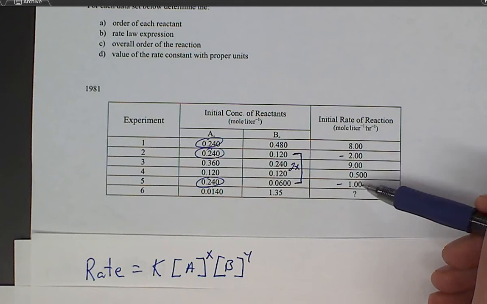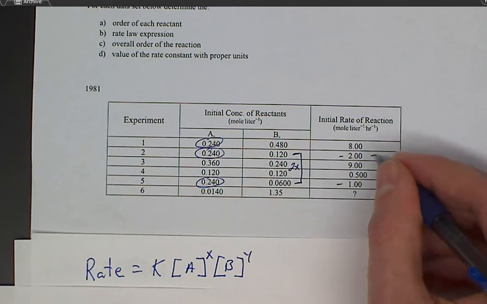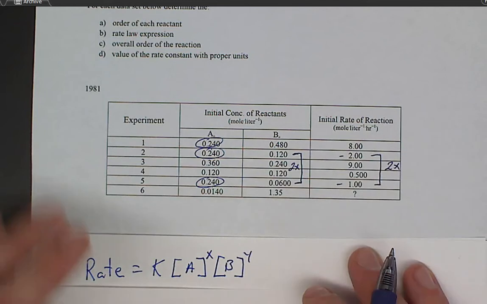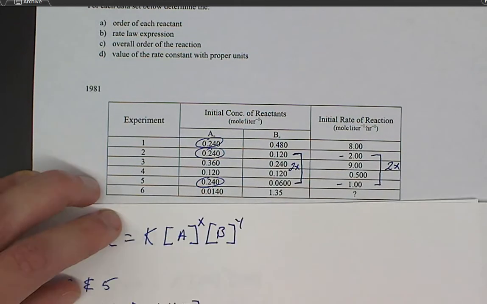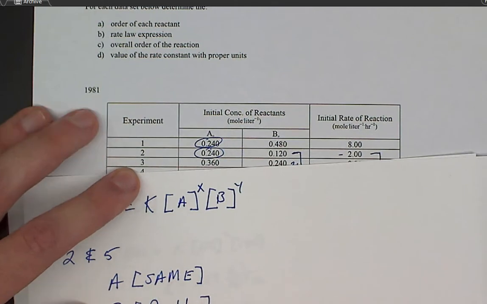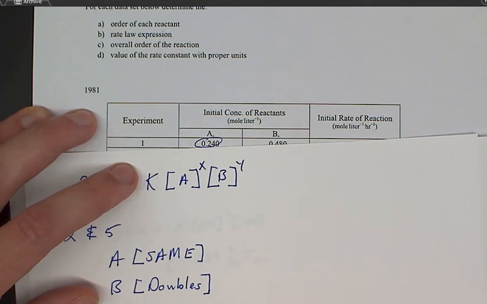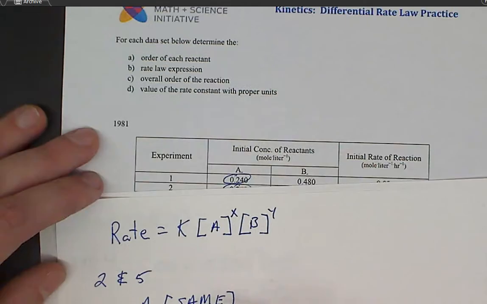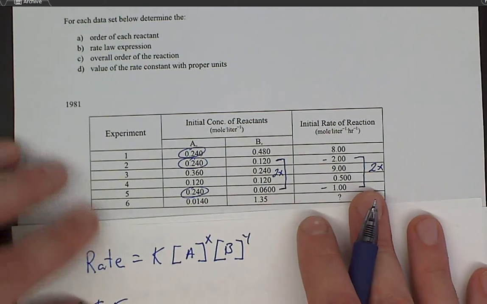So I see this doubling, and when I compare these two, what happens to my rate? It also doubles. Okay, so here's our statement. Concentration of A stays the same, concentration for B doubles, therefore the rate doubles, and this is a first order reaction.